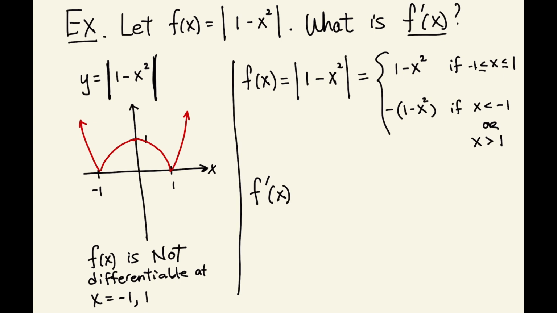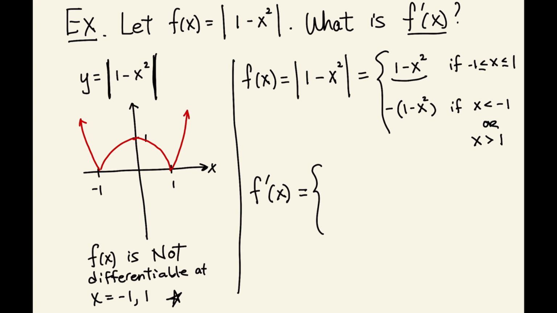Okay, so using this information, we can calculate the derivative. So the derivative f prime of x, and we know it's not defined when x is -1 or 1. The function is not differentiable. You can give a more rigorous proof of that. I'm not going to go into that in this video, but I believe the textbook and the WebAssign homework does. So I'm just going to take the derivative of this, and we have -2x if x is between but not including -1 and 1, and the derivative will be equal to +2x.